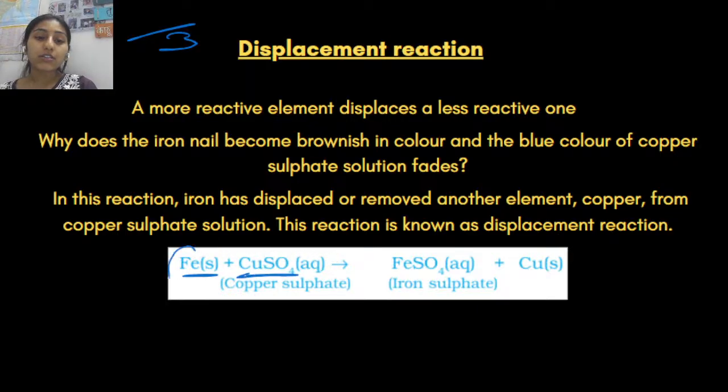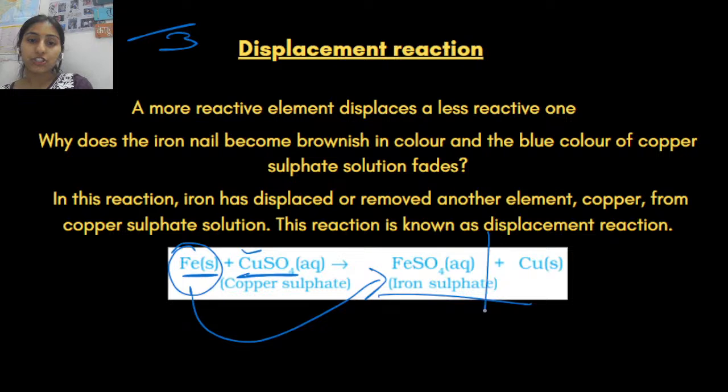Because iron is more reactive than copper, it would result in the displacement of copper by iron, resulting in the formation of iron sulfate and copper.